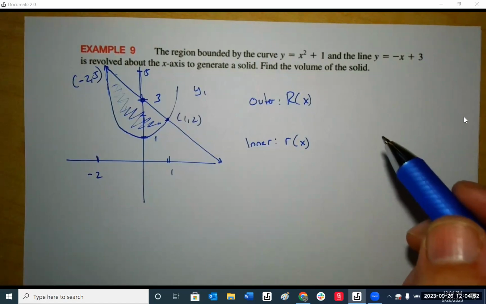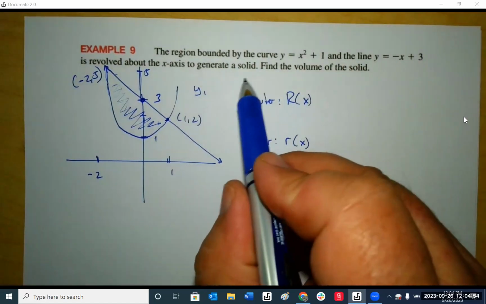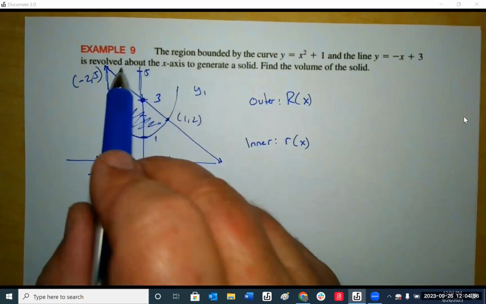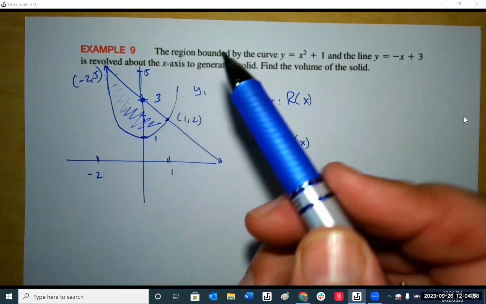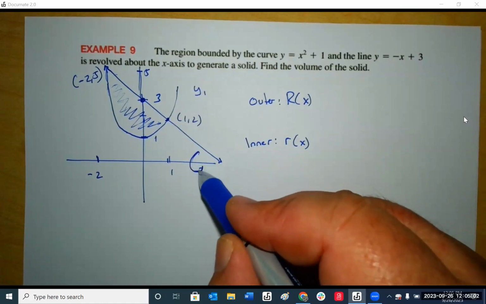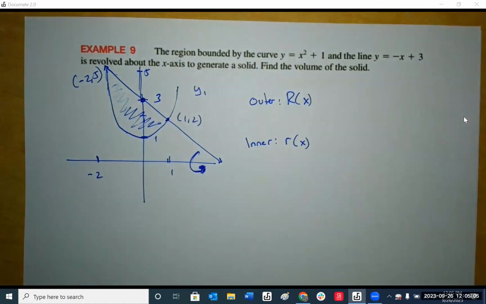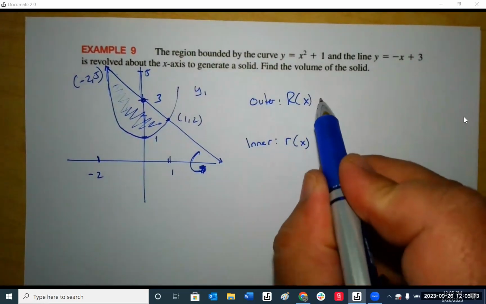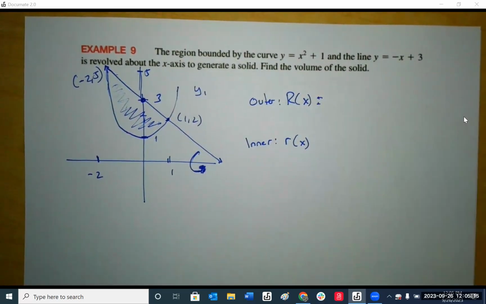We rotate about which axis? Revolve around the x-axis. So we're going to revolve this way. Anyway, so what's r squared or large R?